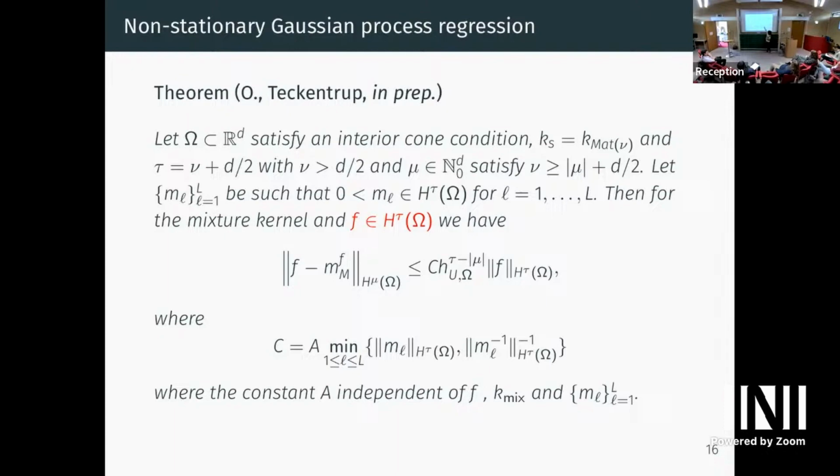Here you see that it depends on the regularity of the Matern kernel, which noise you have, and the regularity of the marginal variances in your mixture component. We're not going to read this; if you want to, you can read it in excruciating detail.